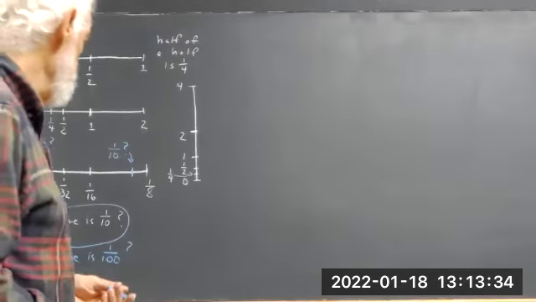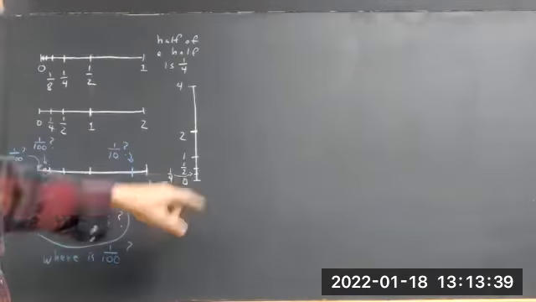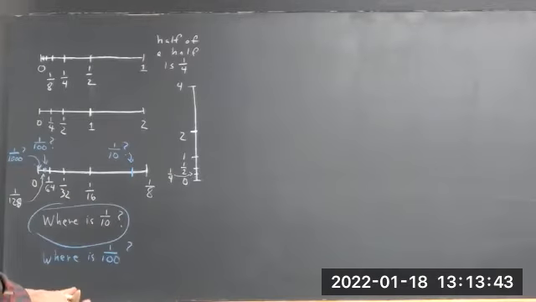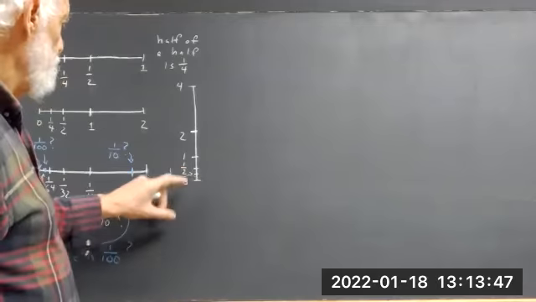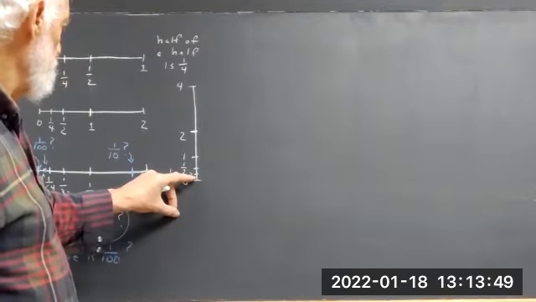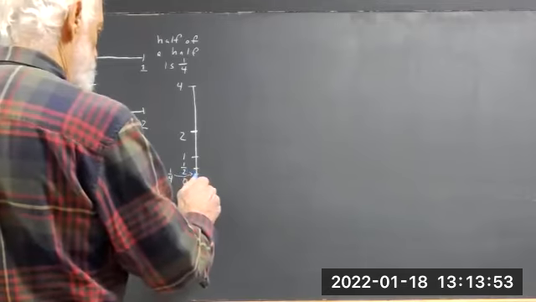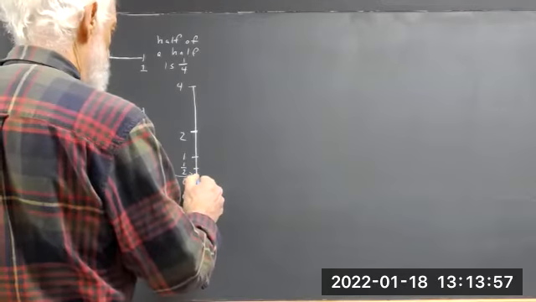Well, if we want to put 1/10 on this graph, where's that going to be? 1/4 is here. 1/8 is here. So 1/10 might be a little less than 1/8.